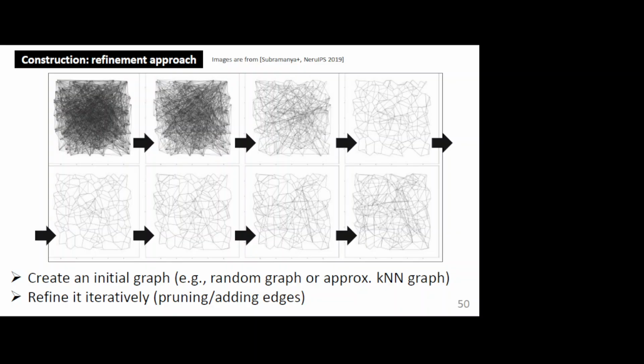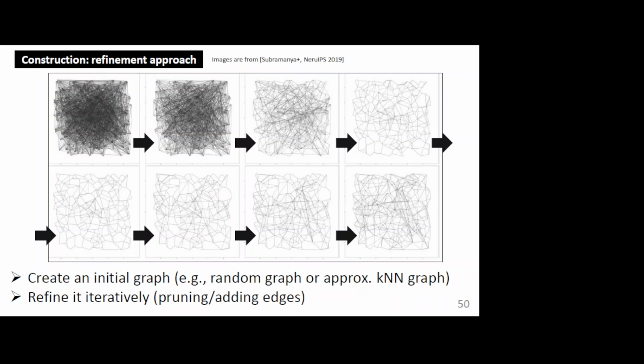When you use this idea, you will see your initial graph is very dense. You see the edge connections. The dense graph is not very good because you will take a lot of time to traverse the graph. So the refinement step will try to reduce some edges.